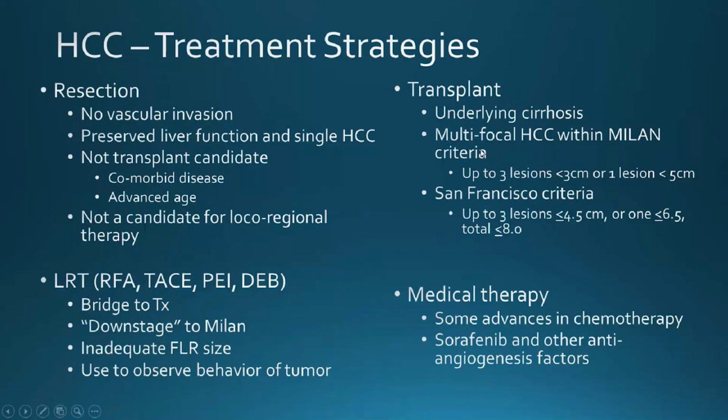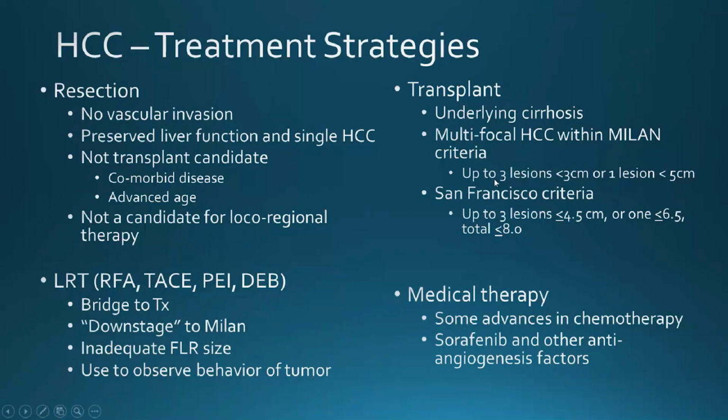These are patients that follow certain criteria, the most common one being the Milan criteria: either one lesion less than 5 centimeters or 3 lesions each less than 3 centimeters are candidates for liver transplantation if there is no vascular invasion or other comorbid condition.